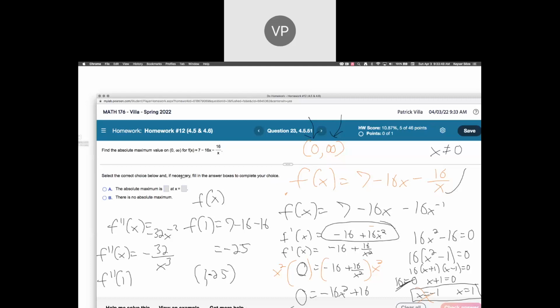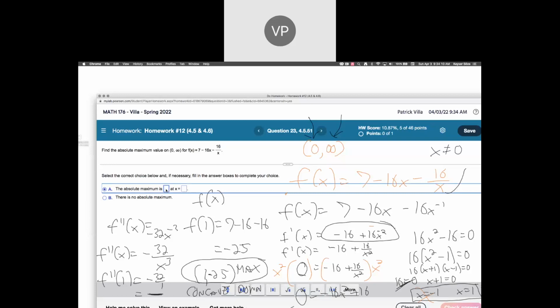And I'm just checking the concavity, and it's negative. So that means we're concave down, and therefore this is a local maximum right here. Okay? So I have the potential of this being the highest point is at -25.